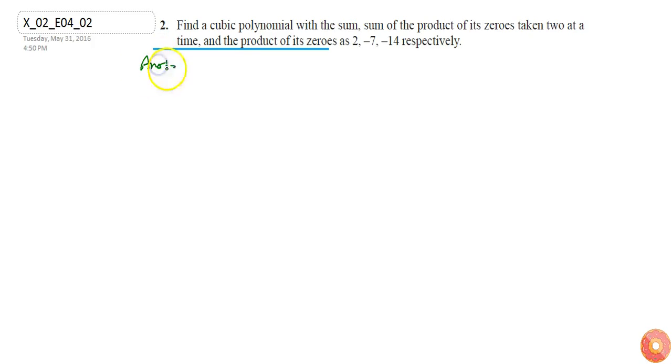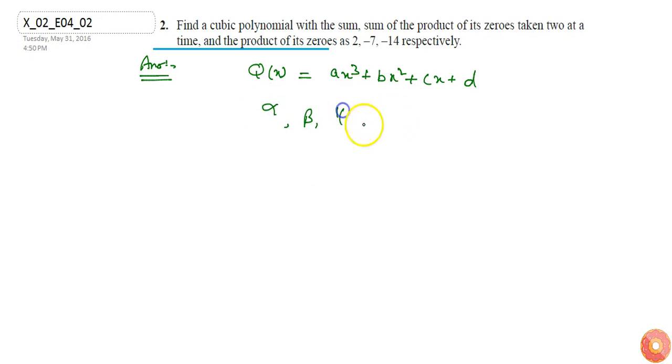Here in the question, let us assume that Q(x) is a cubic polynomial ax³ + bx² + cx + d. Then alpha, beta and gamma are the zeros of the cubic polynomial.